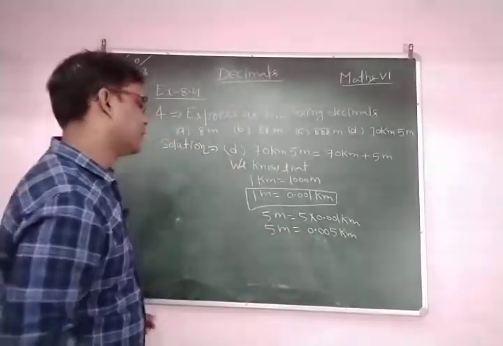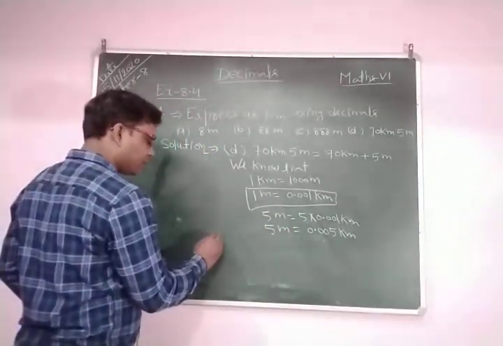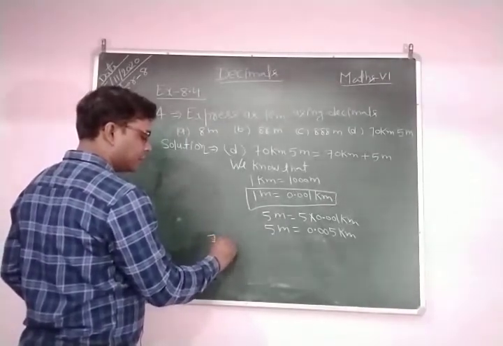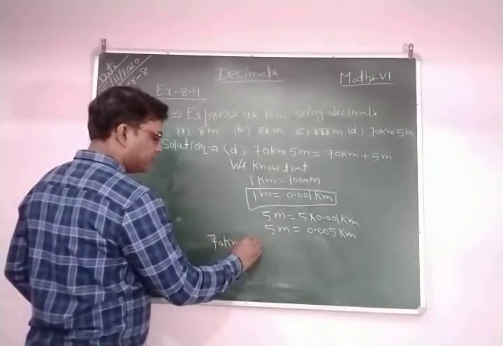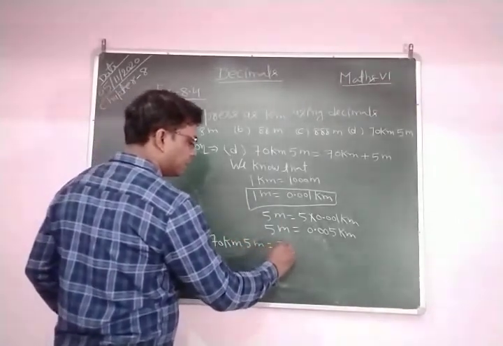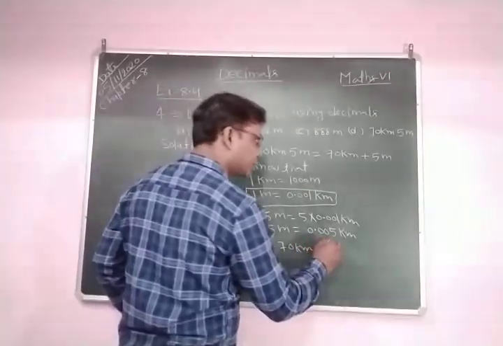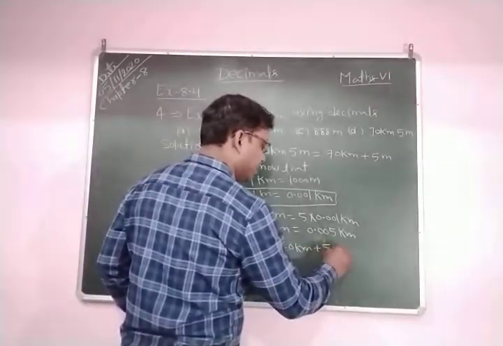Okay, so we can write it here: 70 kilometer 5 meter is equal to 70 kilometer plus 5 meters.